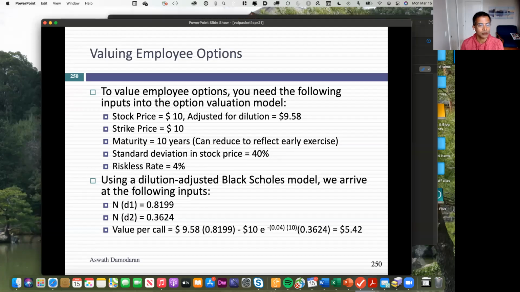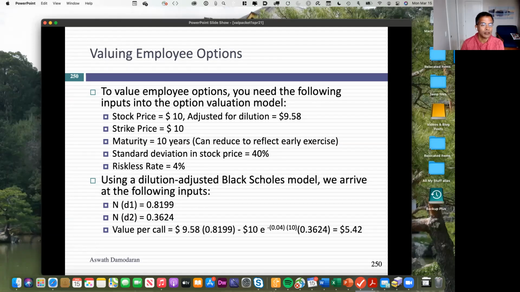You know what I could do? Take the 10 years and make it 5. It sounds like you're doing makeshift adjustments, but they're actually fairly sensible. You now have an adapted version of a Black-Scholes or a binomial option pricing model adapted for employee options.